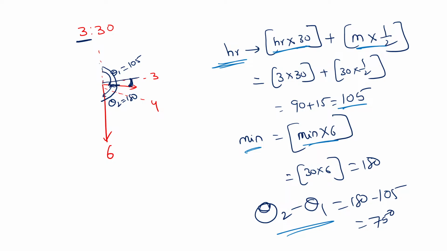Okay. Now see, all of you try to solve this problem. Try to find out the angle between the hour hand and minute hand when the time is 4:20. Do it fast.